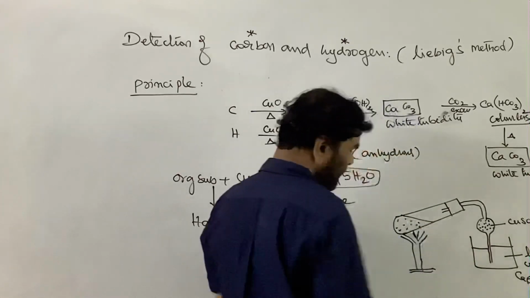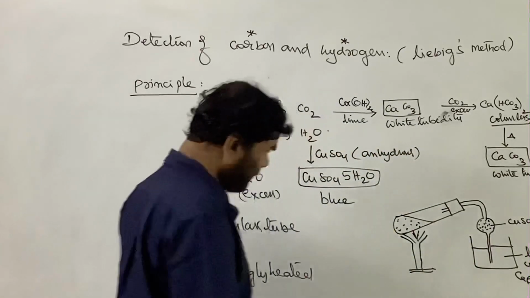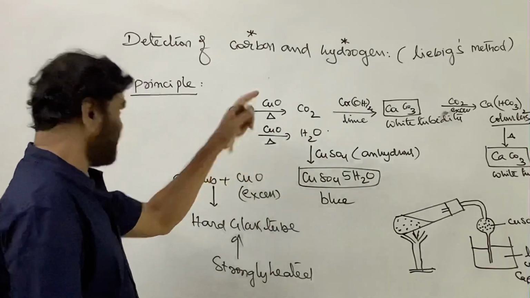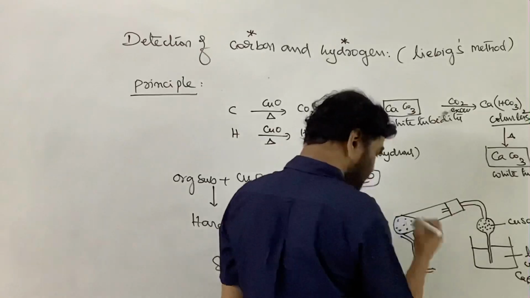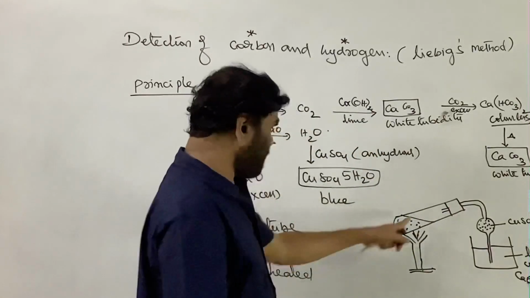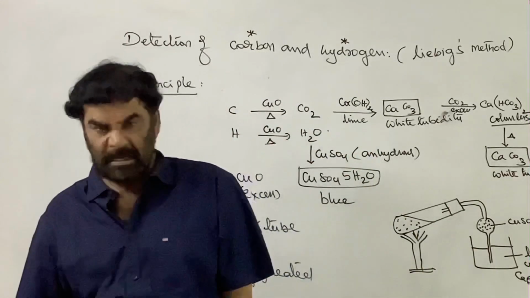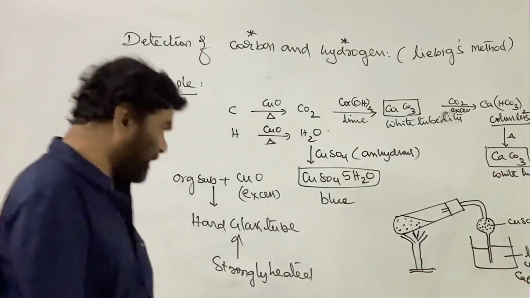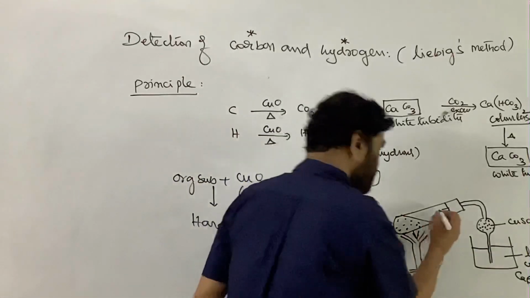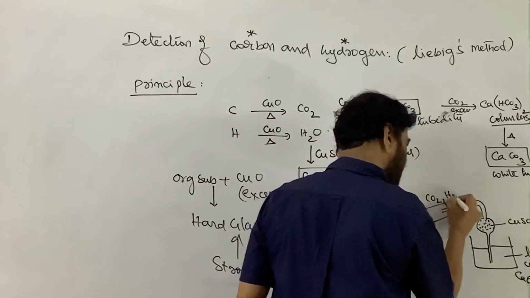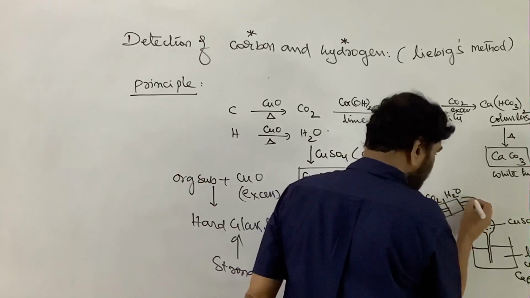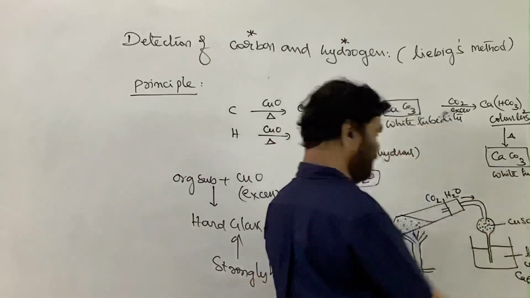Heating is carried out. During the heating, these two reactions take place. The carbon part is converted into carbon dioxide, and the hydrogen part of the organic compound under strong heating is converted into H2O. So carbon dioxide and H2O are produced. They come through the delivery tube.